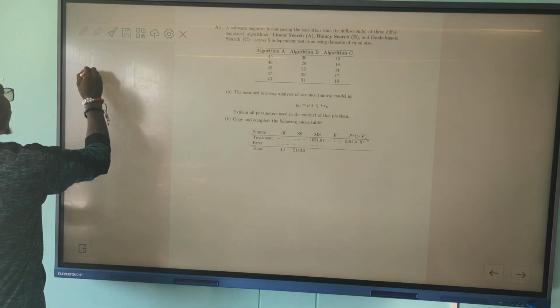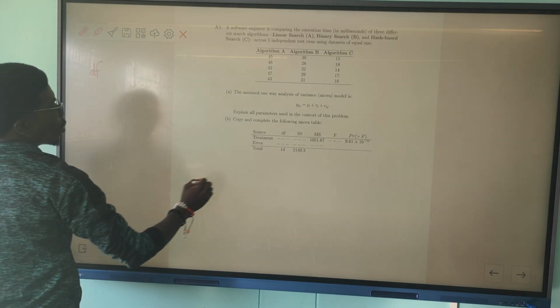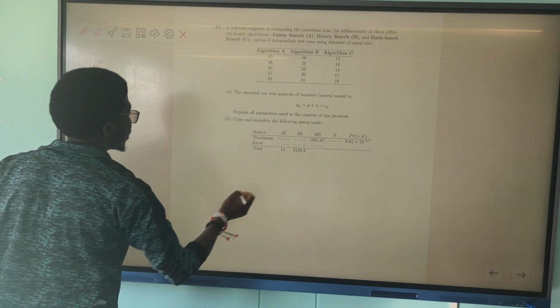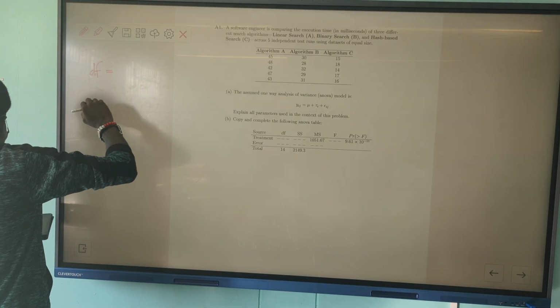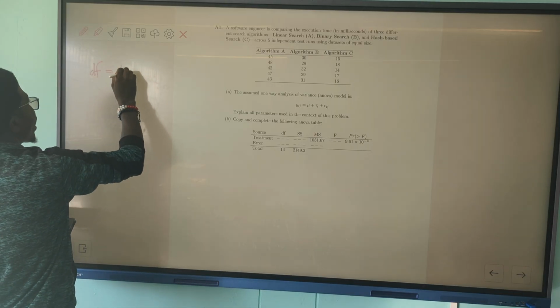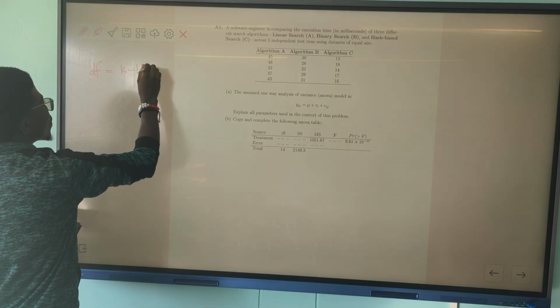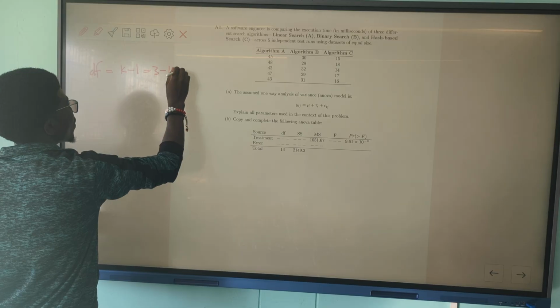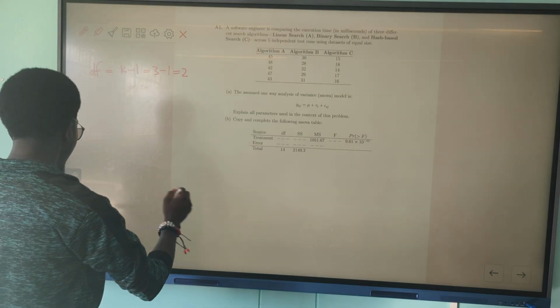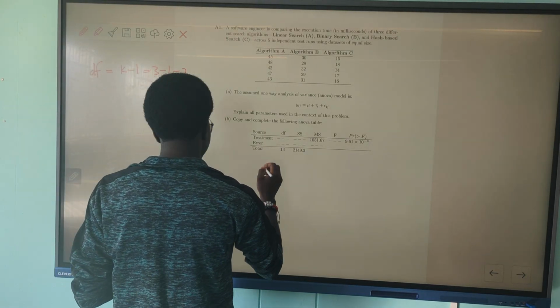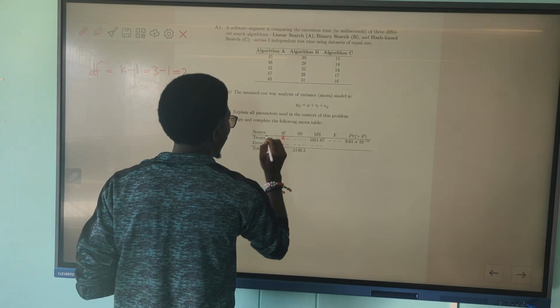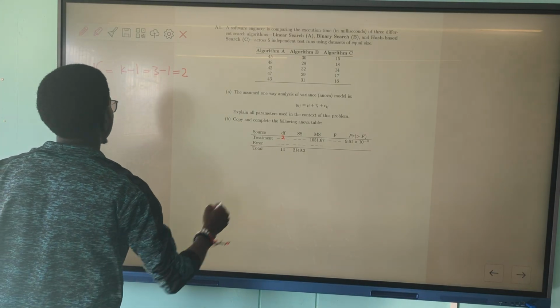Degrees of freedom, DF, we need to find this. DF treatment is equals to K minus 1, which is equals to 3 minus 1, which is equals to 2. Which means the treatment is 2. Let's go to error.